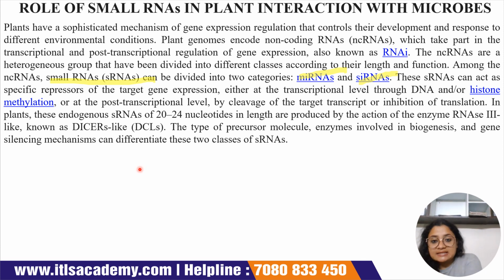So these will be the enzymes which will be involved in this entire process of regulation via the small RNAs, which are usually 20 to 24 nucleotides in length. I'm just highlighting the important parts that you need to remember.